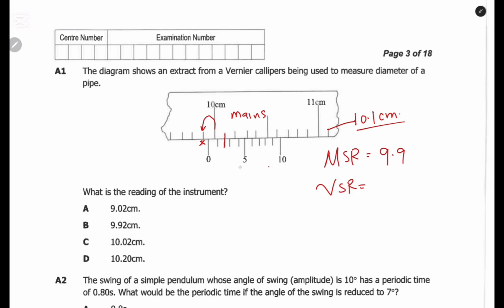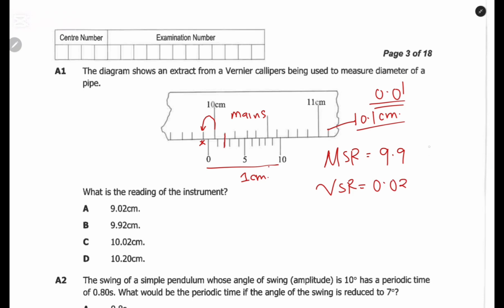Here, as you can see, from 0, 1, 2, that is a 2. You multiply it by 0.01, which is the accuracy of the instrument, the least count. So 2 multiplied by 0.01 gives 0.02.